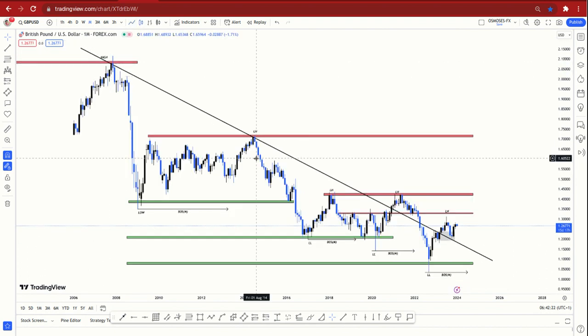Okay, so we have first touch, second touch. This is the first breakout, price drop.